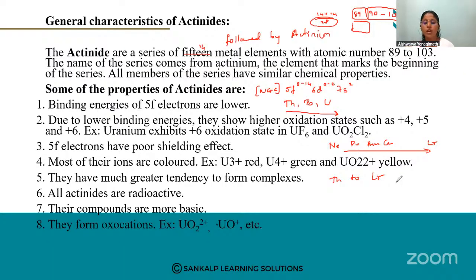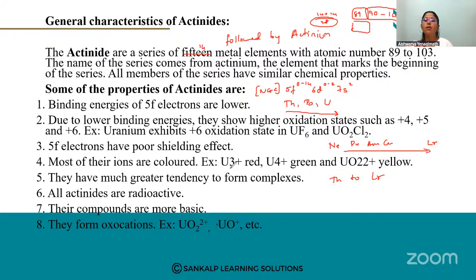Here in actinides, what again comes into context is that most of the ions are colored. The reason is the same again: because there are f electrons, they jump from one state to another. When they jump from the ground state to the excited state, they are not stable there, and they try to come back to the normal state.